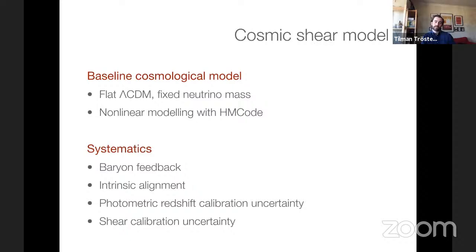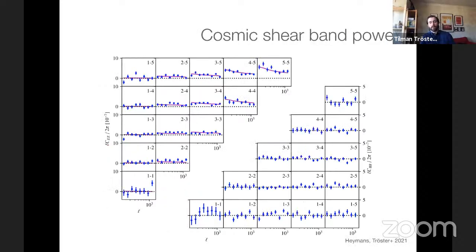And so using this and then our data, here's the result for the cosmic shear band powers. So the top left triangle is the E mode, where the signal is. On the bottom triangle are the B modes, so that's what you would expect to be consistent with 0. And the pink line is the best fit model.